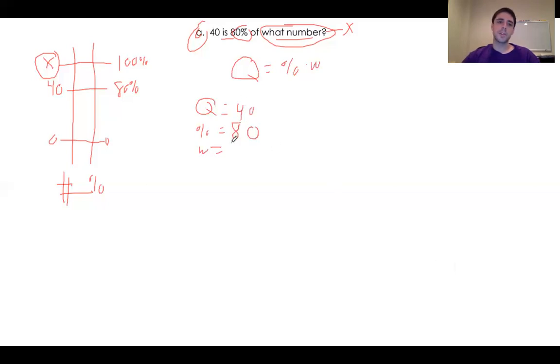Why is 40 specifically our quantity? Let's see, some guesses here, but I want to see if we can get it. What do we think?